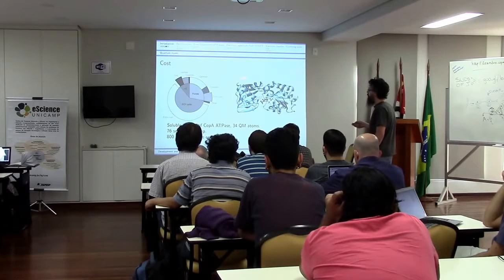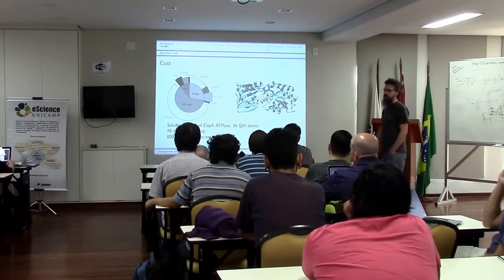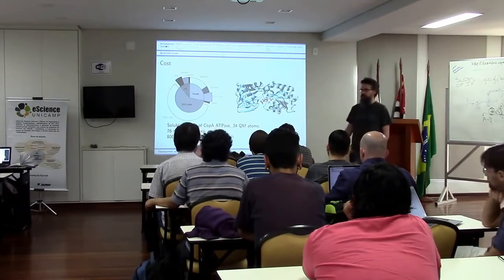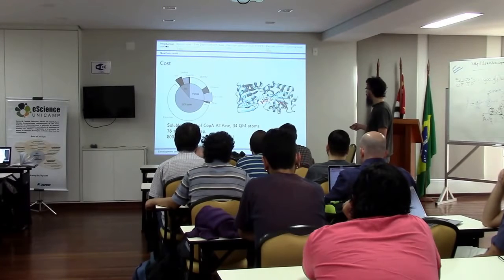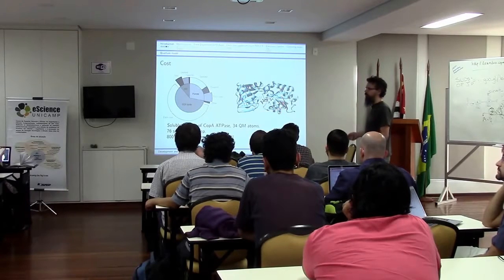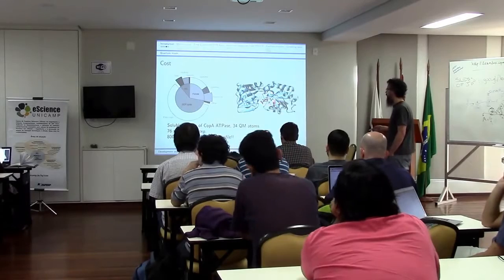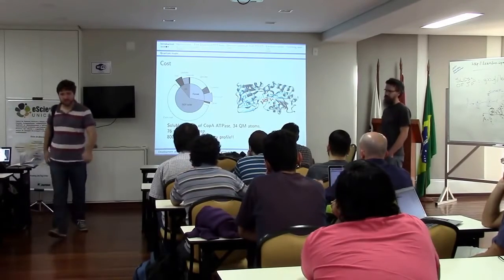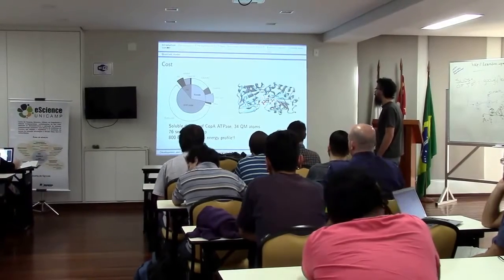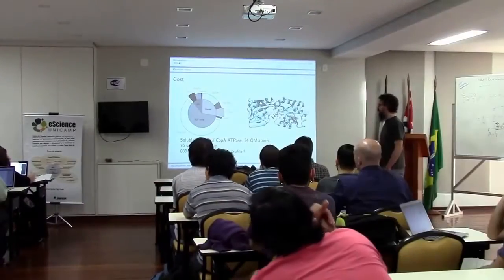So this is, for example, a system I work on. It's similar to some that I saw yesterday. This is a soluble domain of a protein, a copper transport protein, that has a self-phosphorylation step, and this is the QM system for studying this reaction.